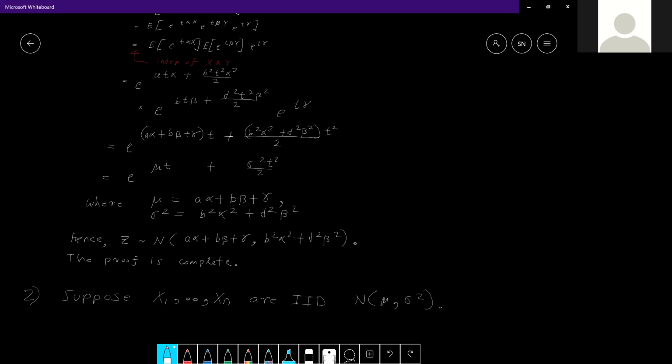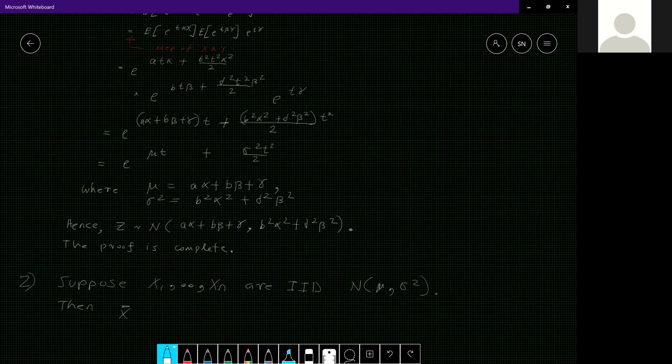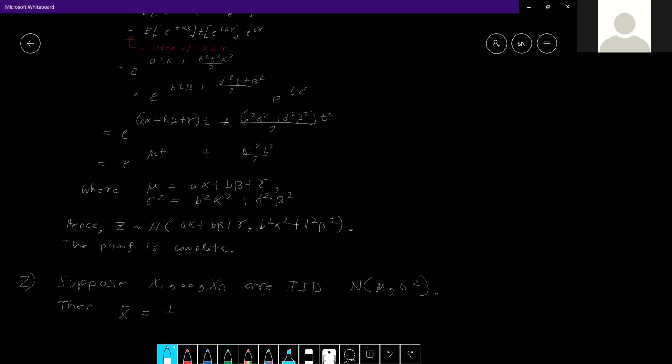Then X bar, remember X bar is the sample mean, also has a normal distribution with parameters mu and variance sigma squared by n.